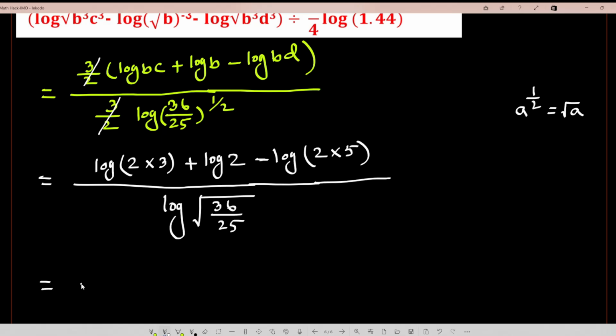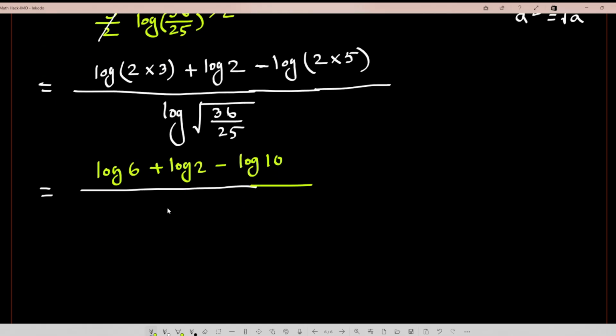Now look, log 2 times 3 is 6 plus log 2 minus log 10, and the denominator here is log 6/5, right?